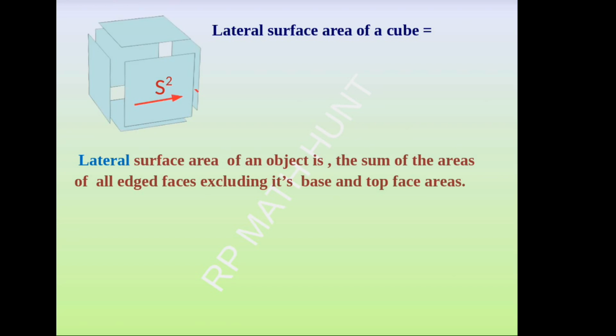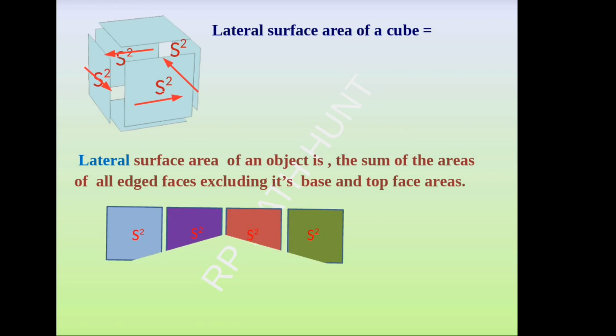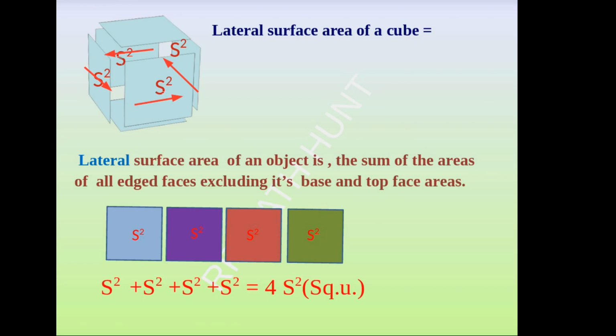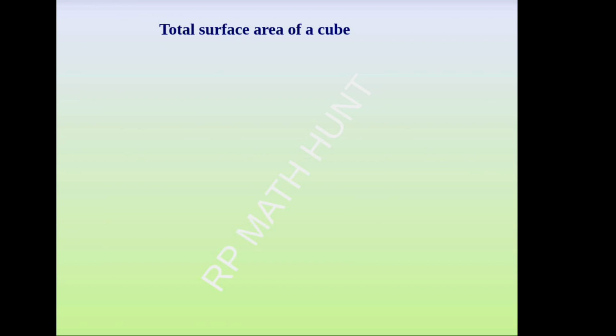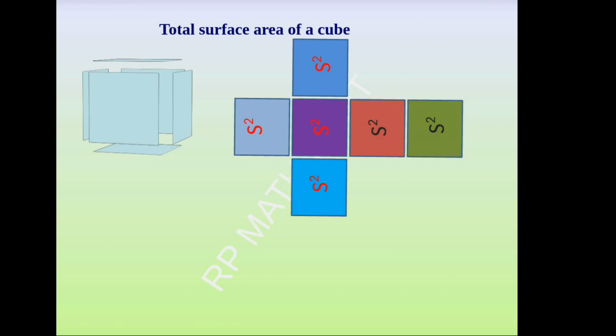Observe on the screen: s square, s square, s square, s square, all four sides. Therefore, the lateral surface area is s square plus s square plus s square plus s square, which equals 4s square square units.